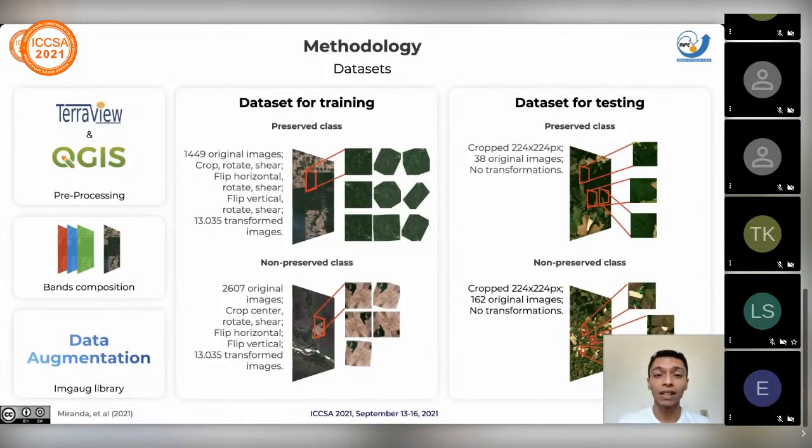Thus, we got 13,035 images for each class, as illustrated in the flowchart. Regarding the test dataset, we used images from ROI2. The areas of interest were clipped, totaling 200 images, where 38 corresponded to the preserved class and 162 images to the non-preserved class.